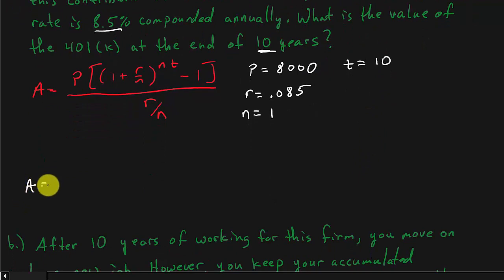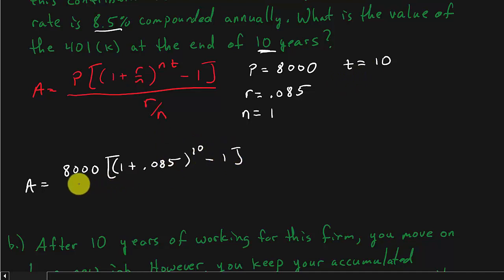So A is equal to 8,000 times 1 plus R over N, so 0.085 over 1, which is just 0.085, and then N times T, so 1 times 10 is 10. Just go ahead and do this part in your head.